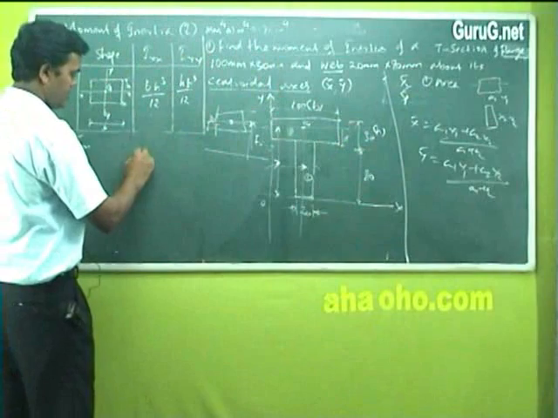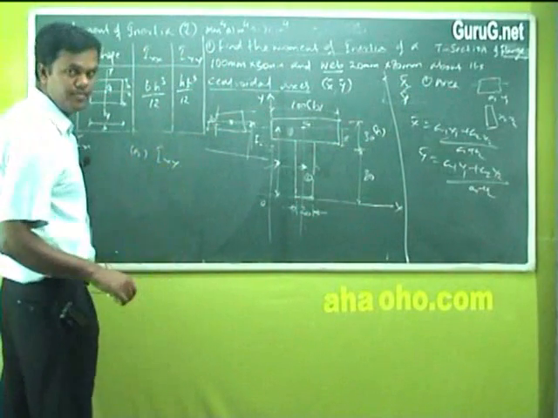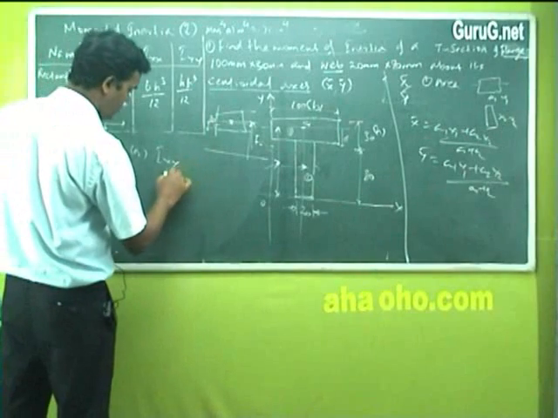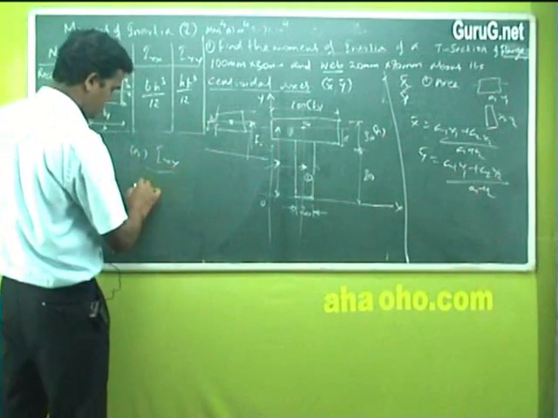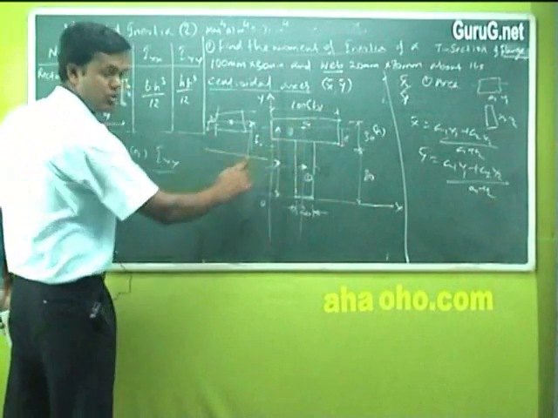So in other words, while finding Ixx, you need h1. This was figure number 1, figure number 2.